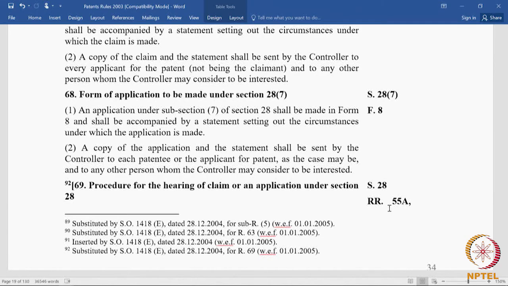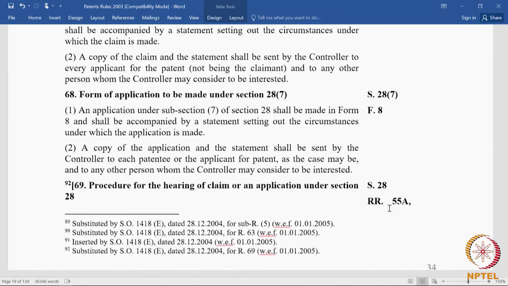Even the language of 28(7) tells us: may at any time apply to the controller for a certificate, any time. There is no time stipulation that it should be before the grant. So, even this provision read along with the rule which says patentees can be notified, as the case may be, tells us that the certificate or the rectification can be done even after the grant. It can be done even after the grant before the controller.